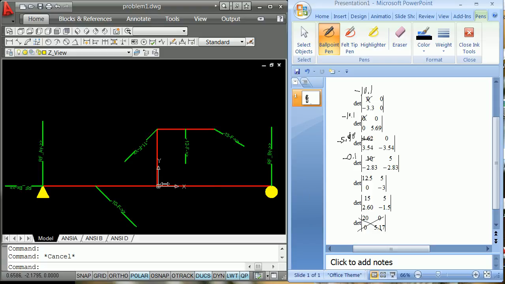If you're looking back, your coordinate system is this, it's going to be 2.4. And this one is going to be 4.9. What's behind this is not important. You add up all the forces here: minus 3.30, 3.54, minus 2.83, and 0.